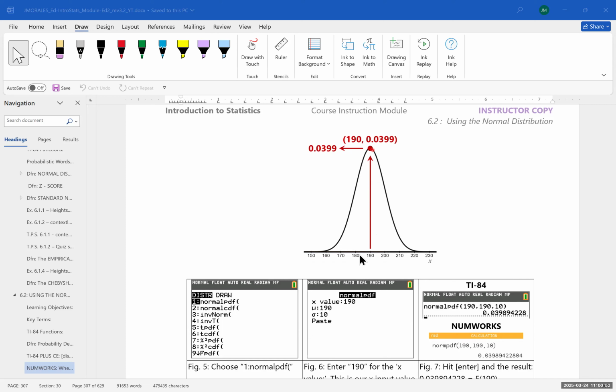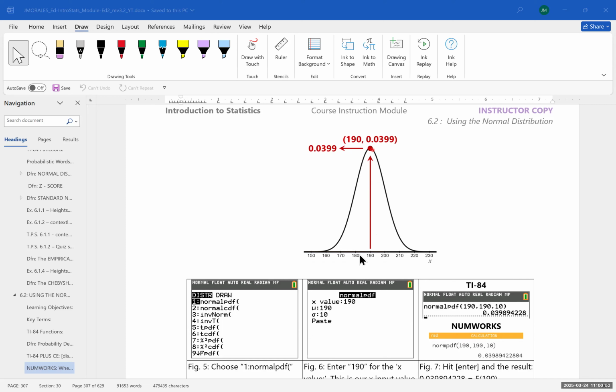So what we're going to do is we're going to use a PDF function. Now remember, PDF functions will give us values along the curve itself. It'll give us ordered pairs, okay? And an ordered pair is an X value with a related Y value.